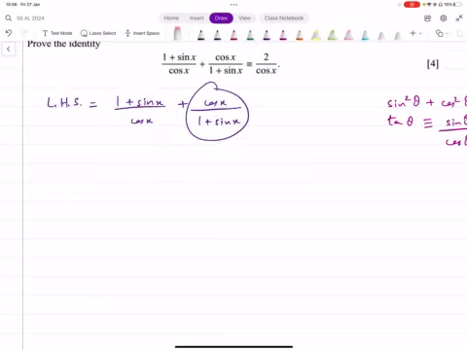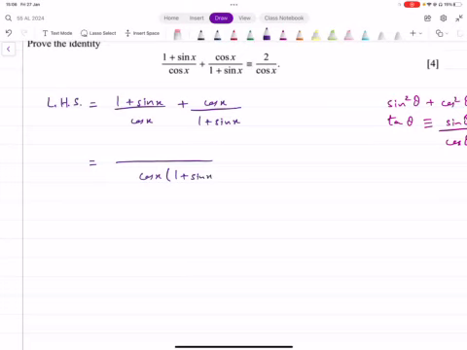So we take LCM of these terms. What does that give us? That gives us cos of x into 1 plus sine x. In the numerator, we have 1 plus sine x whole squared plus cos x into cos x, that is cos square x.